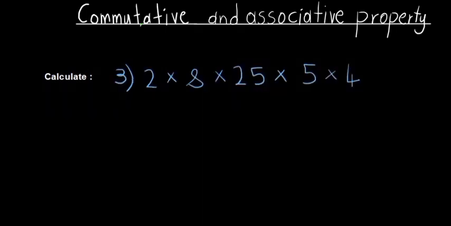In this question, we're going to use the associative property of multiplication to rearrange the position of the 8 and the 4, to make our calculation easy.